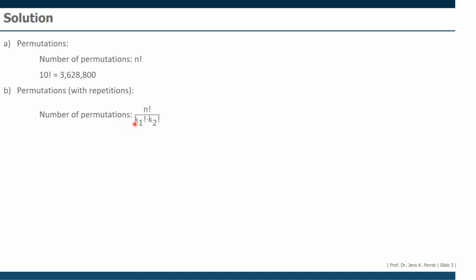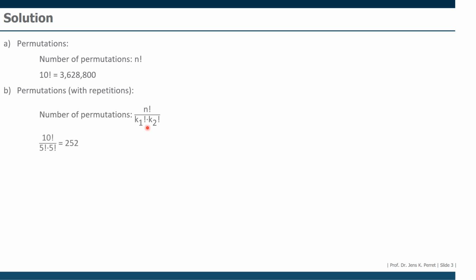K1 is the number of music videos, k2 is the number of non-music videos. If we use a different sub-property of the videos, we're going to use this formula here.